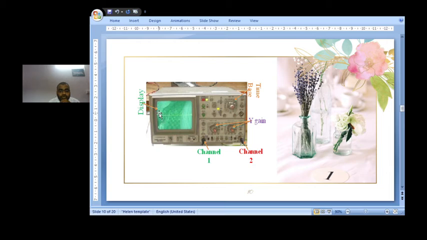This is basically the signal I am getting, the displayed signal. And we also use channel 2 for the time base to measure the parameters of the input AC.